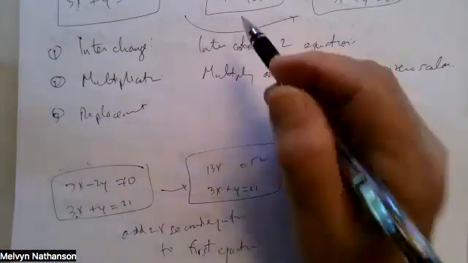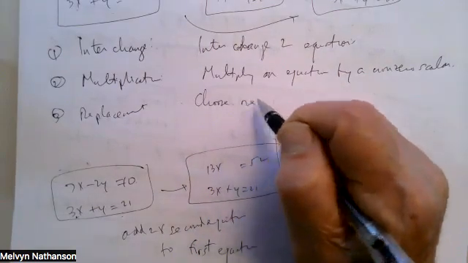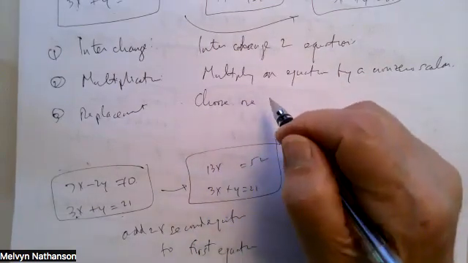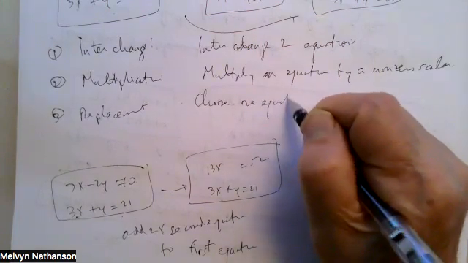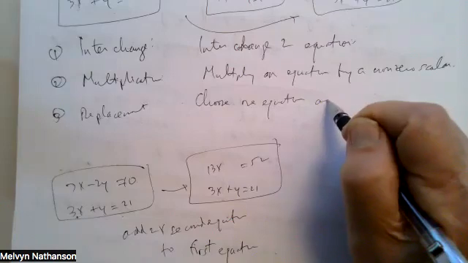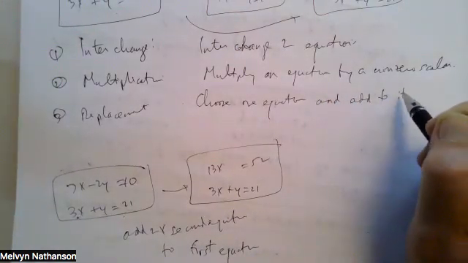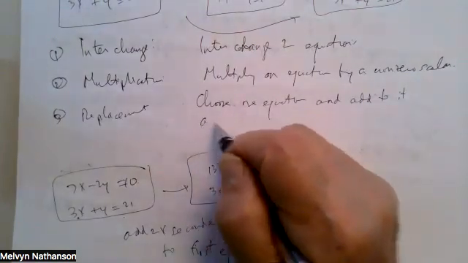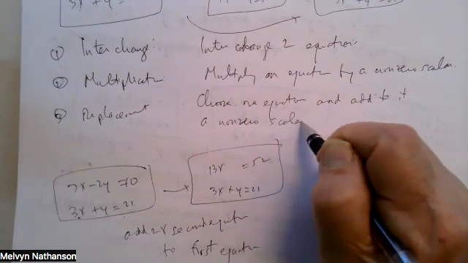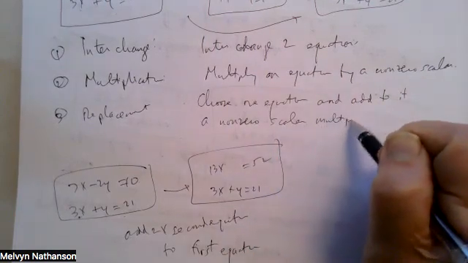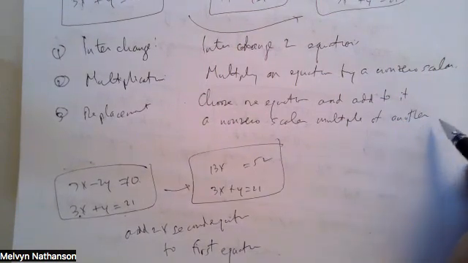So replacement means this is the operation: choose one equation, and add to it a non-zero scalar multiple of another equation.